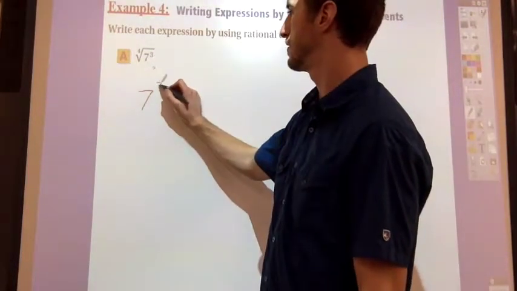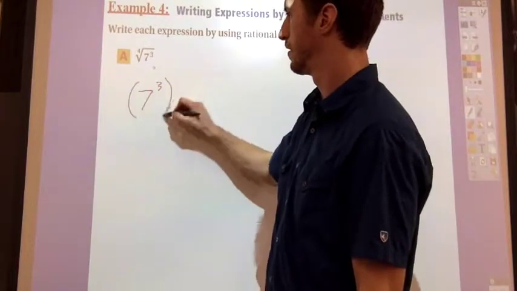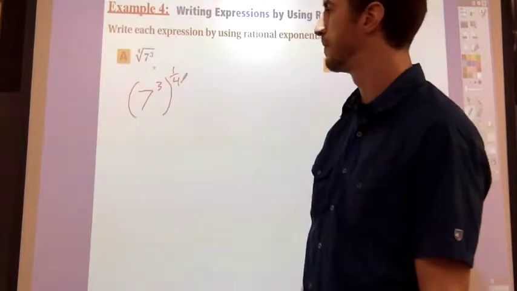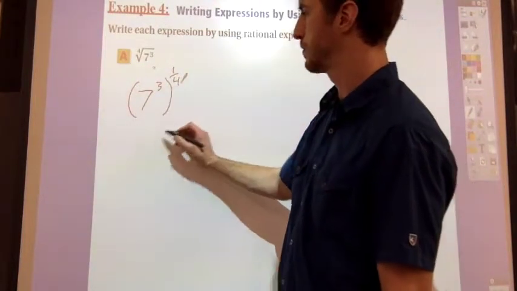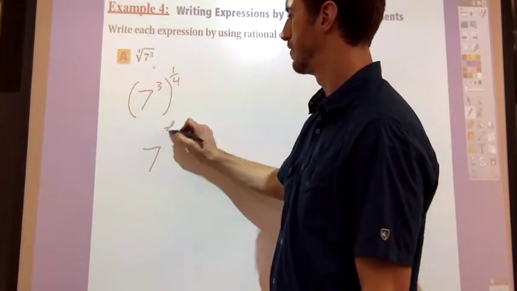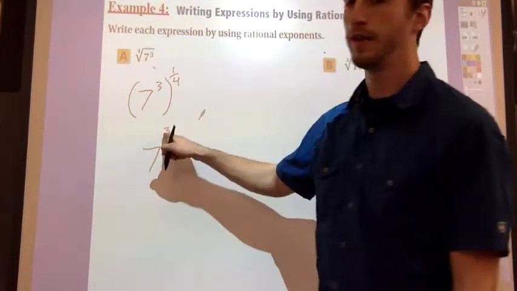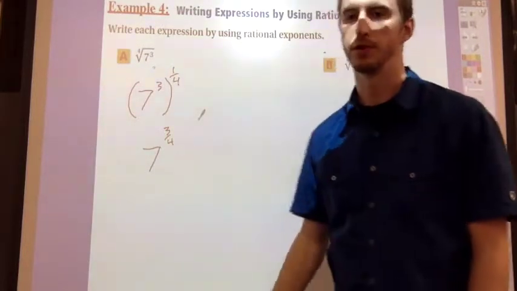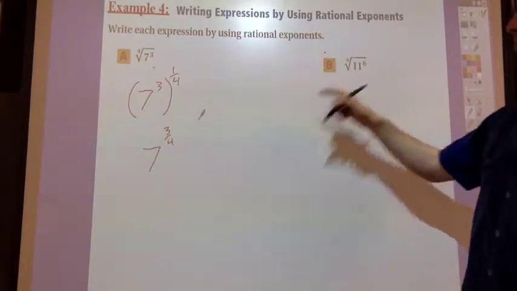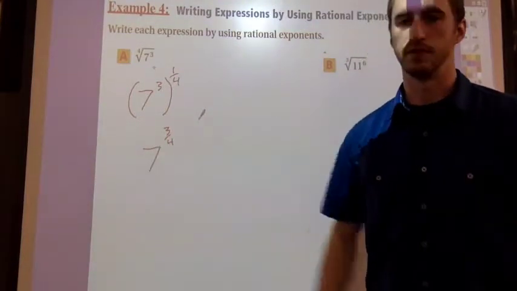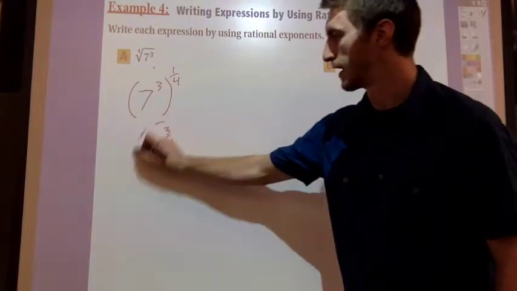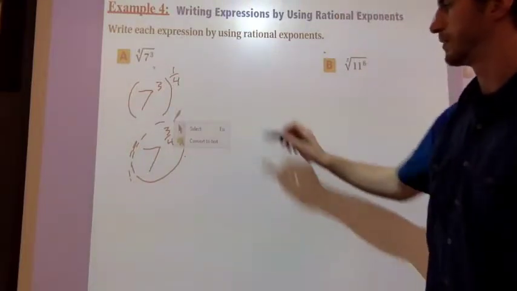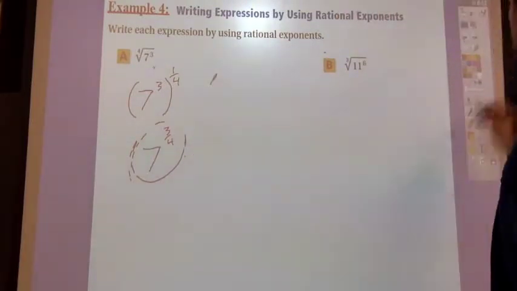So you write this as 7 cubed raised to the 1/4, because you're taking the 4th root of it, and then you can just multiply these exponents, and you'll get 7 to the 3/4. And if you knew that already, with skipping this step, I usually skip this step, but I'm showing you now. And we can't evaluate, this doesn't evaluate to anything simple, so we can leave it like this. That's 7 to the 3/4 if you didn't know.